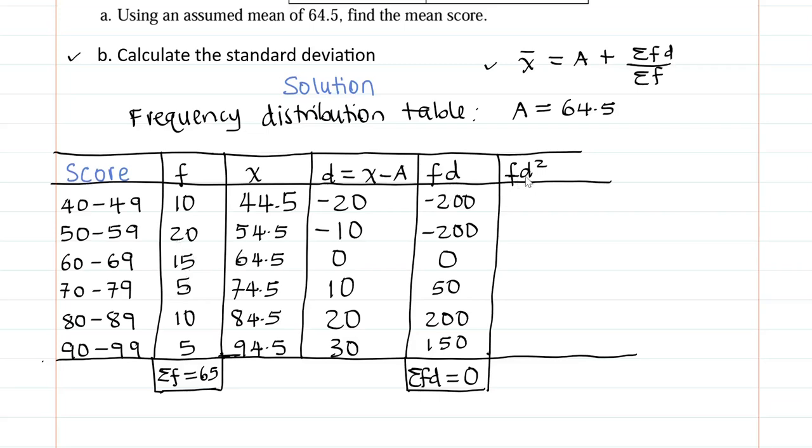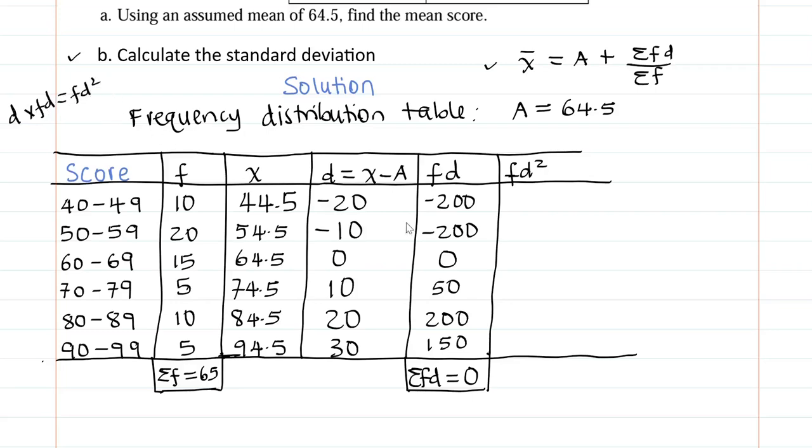How do you get FD squared? Now, if you look here, we have F. And here we have D. And then again here we have FD. So there are two ways. One is someone can get the values of deviation times the values of FD, because that becomes D times FD, and that gives us FD squared.